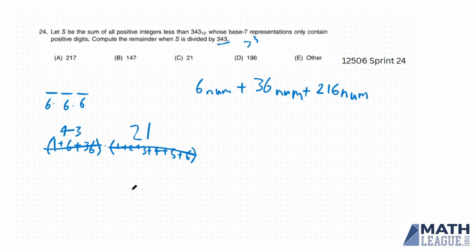Finding 21 times 43, we find that it comes out to 903. And dividing by 343, we find that 343 goes in twice, with a remainder of 217, which is our answer.